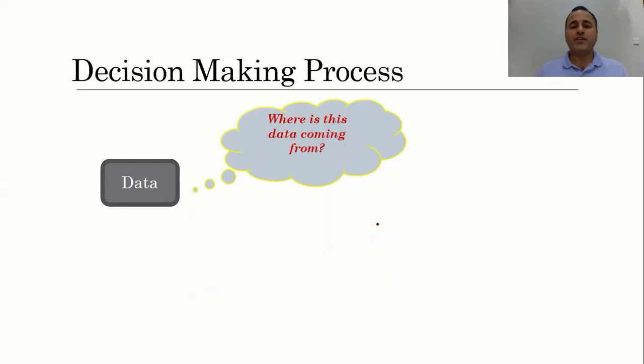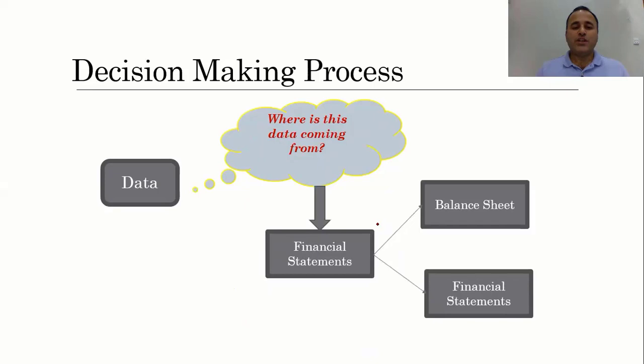Now, the most important question is, where is this data coming from? In a decision-making process, we start with data. So where is this data coming from? In financial statement analysis, this data is mainly coming from financial statements. And whenever I say financial statements, it mainly means the balance sheet and the income statement.